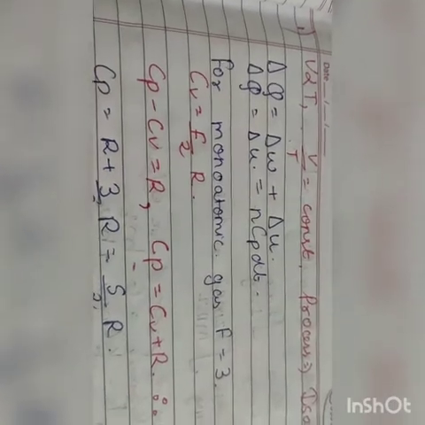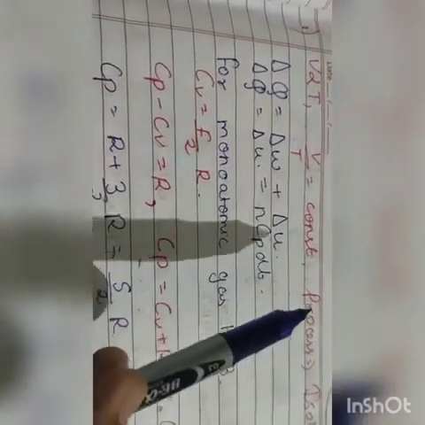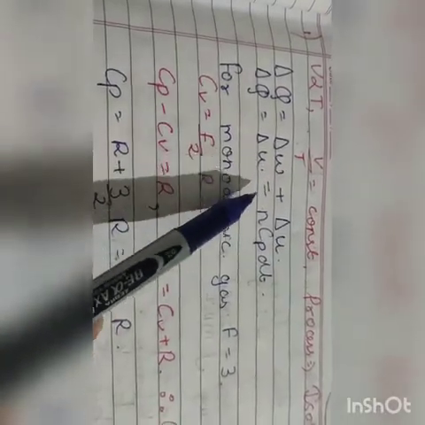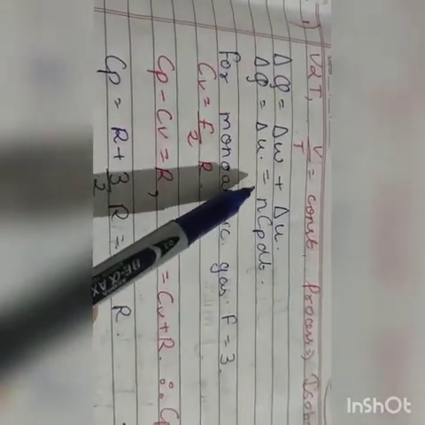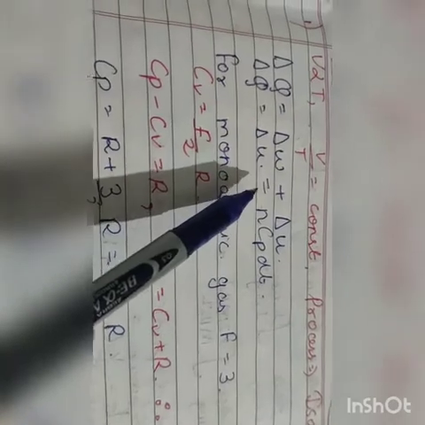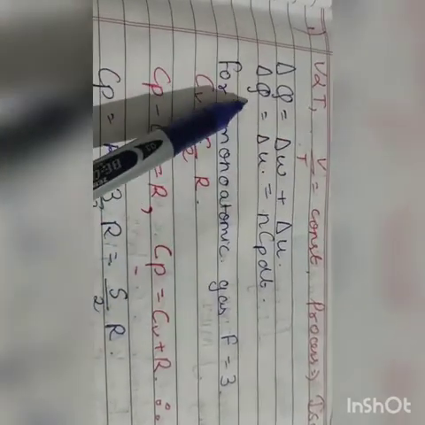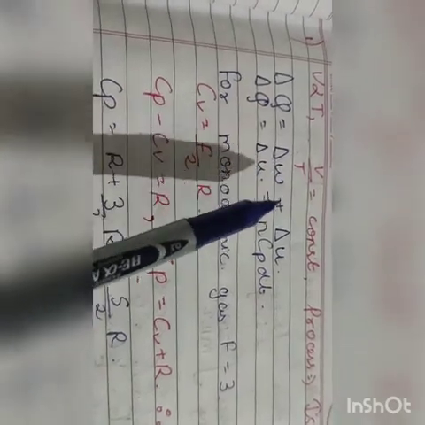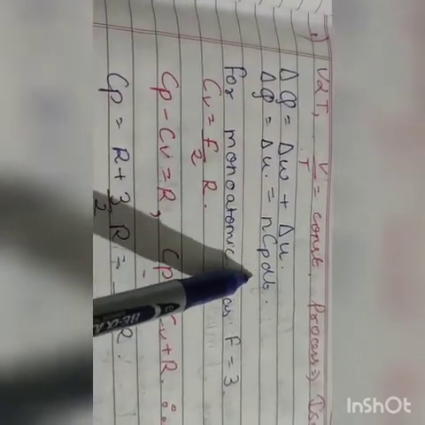So if V is constant, as we have the formula W is P delta V, then W is equal to 0. So our delta Q will be equal to delta U. And we know that delta U is nCp dT.